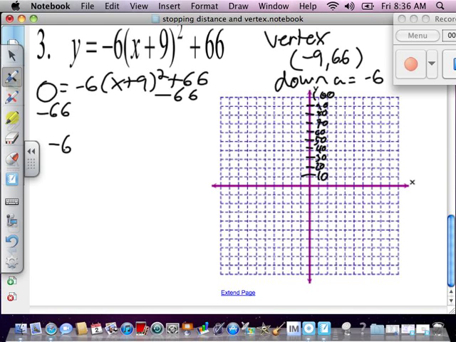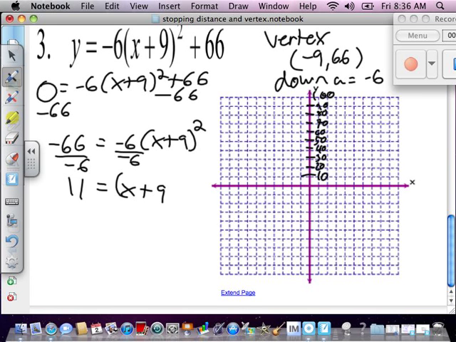And we get negative 66 equals negative 6 times x plus 9 squared. My next step is to divide by negative 6. I get 11 equals x plus 9 squared.